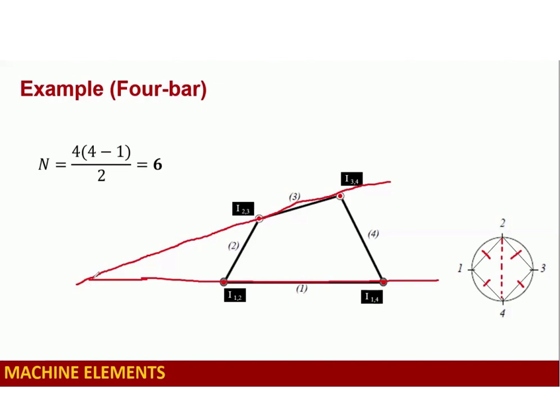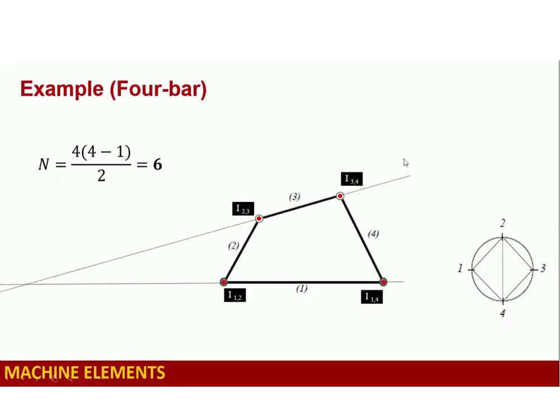The intersection between these sides is your instantaneous center 2, 4. So now we have 5 instantaneous centers.